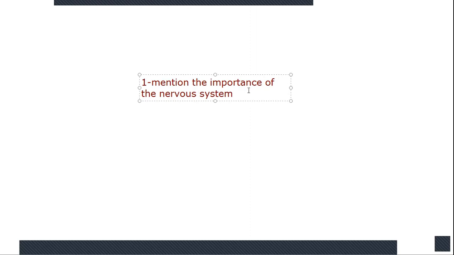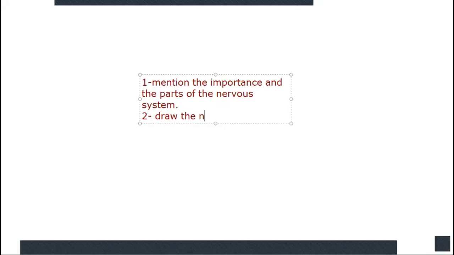It's in the book. We study until the neuron. Mention the parts of the nervous system. This is question number one. Number two, I want you to draw. I want you to show me your best drawing. Draw the neuron. I know there are a lot of talented students in drawing.